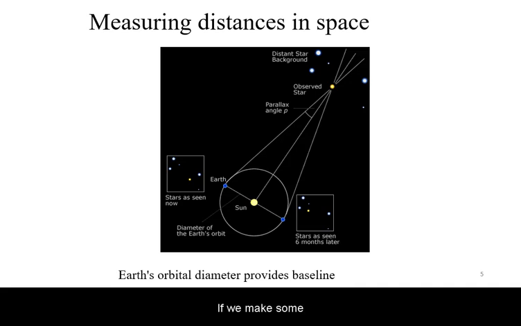If we make some initial observations of a nearby star and then make observations of that same star 6 months later, we will be able to record the parallax of that star and hence deduce its distance.